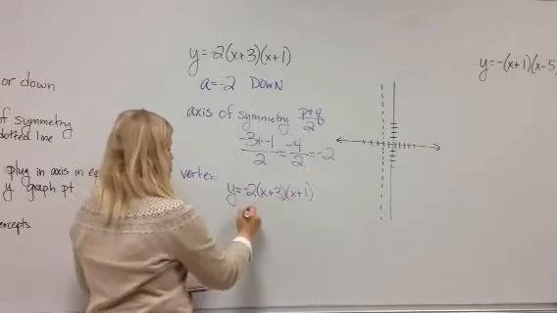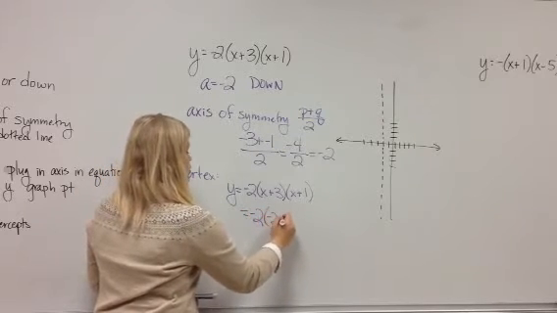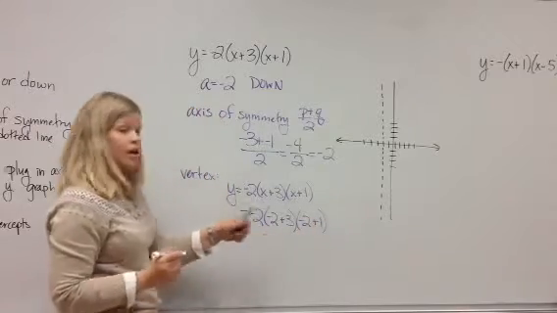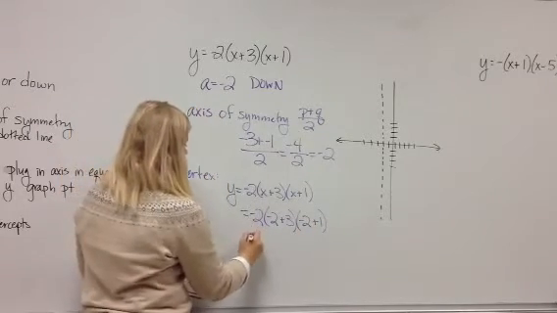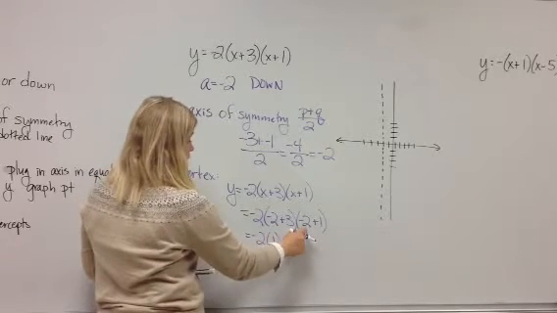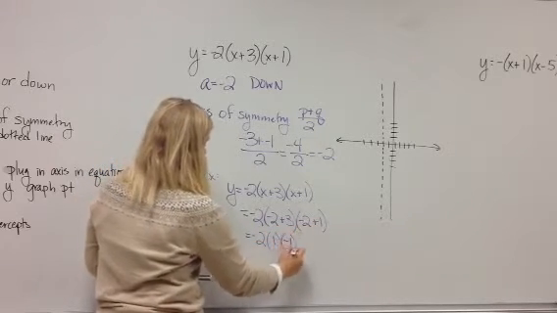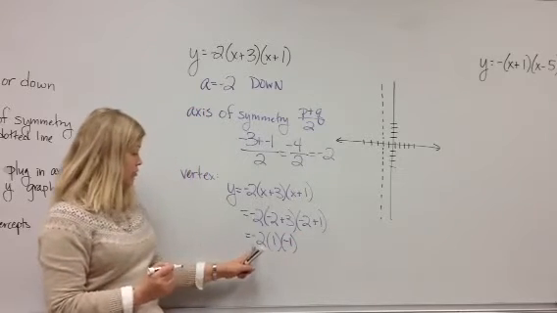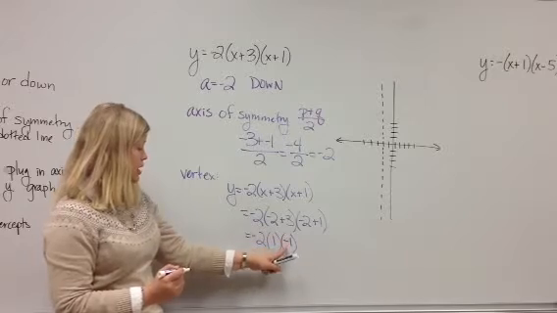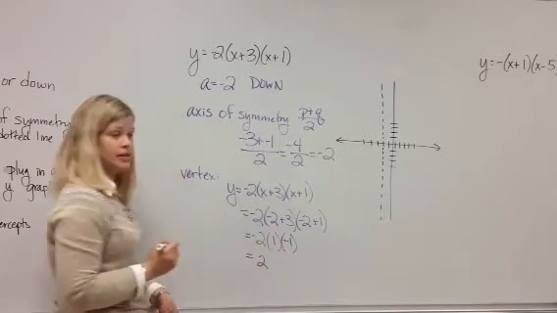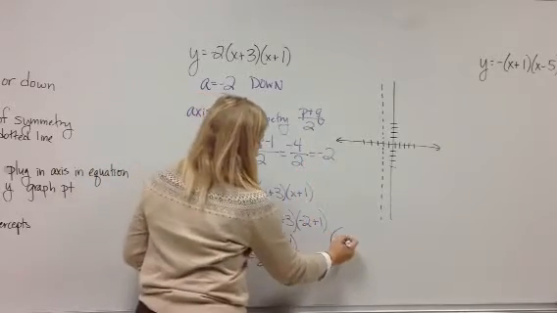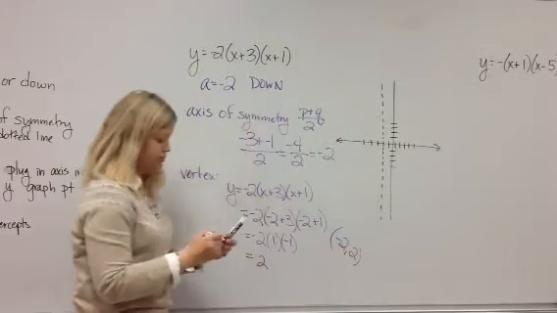Let's put the negative 2 in: negative 2 plus 3, negative 2 plus 1. Do what's in the parentheses first. Negative 2 plus 3 is 1. Negative 2 plus 1 is negative 1. Now we can multiply: negative 2 times 1 times negative 1 gives us a positive 2. So our vertex is negative 2, 2.